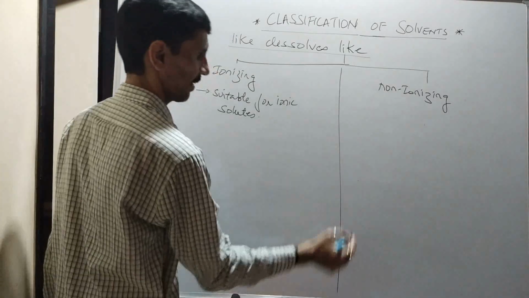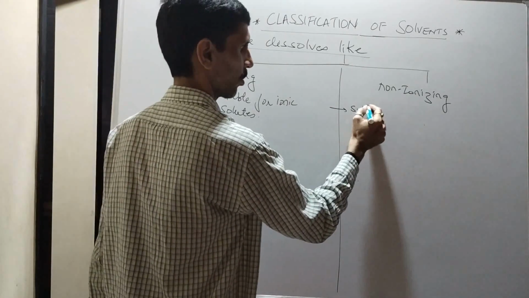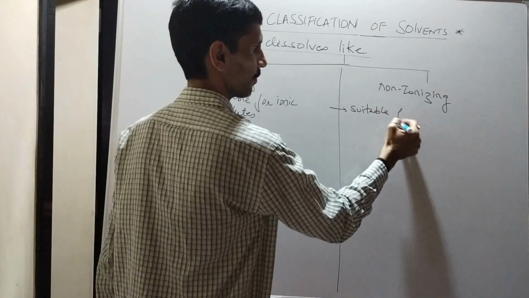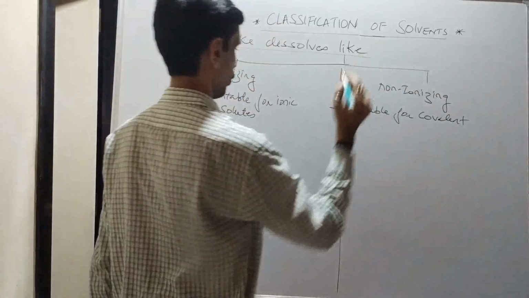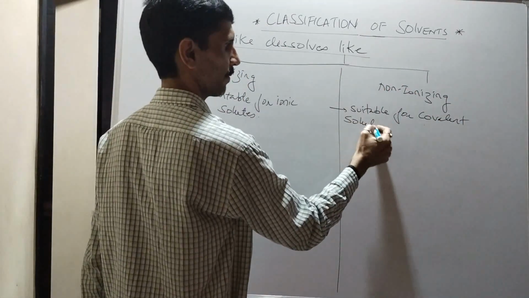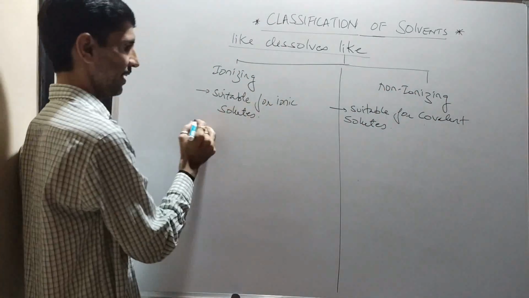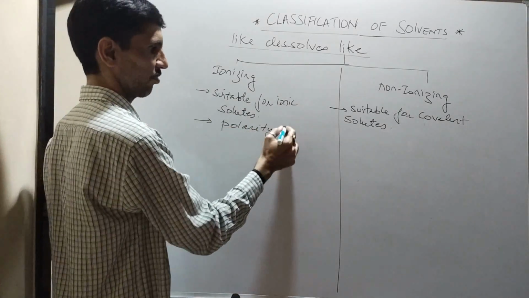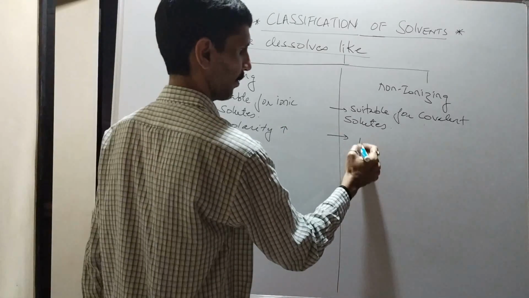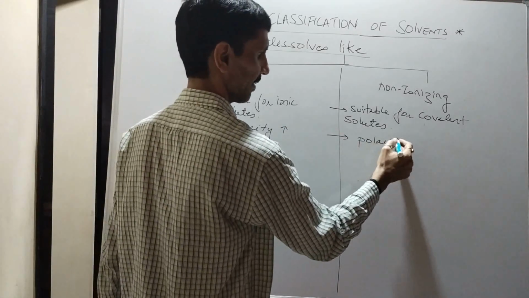Whereas here we'll say it is suitable for covalent compounds, for covalent solutes. Here we say that polarity is going to be high because polarity is charges. So polarity is going to be high. Okay, here I'm not going to say 0, I'll just say polarity is less.